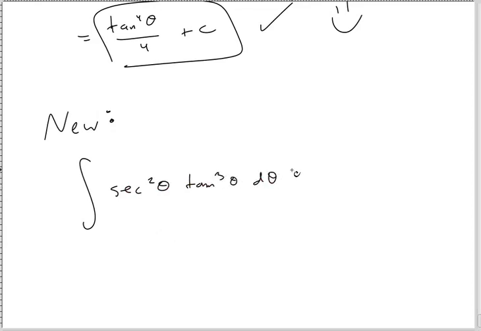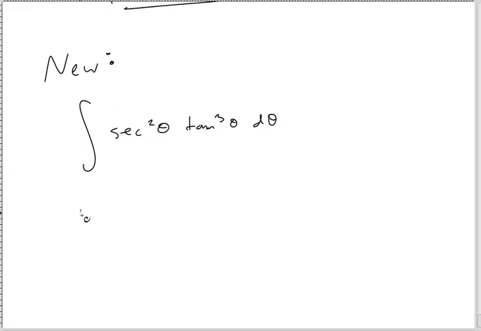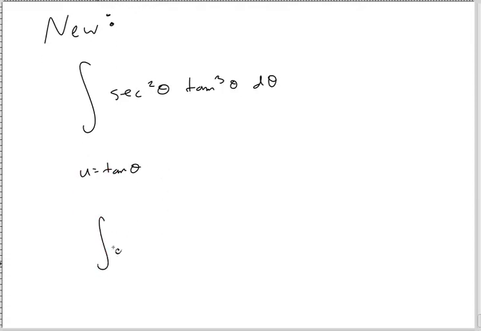So what if, instead of going through all that long road, I had done u equals tangent at the very beginning? Like, did the other side. What if I had done that? Let me skip a few steps here. The secant squared is tangent squared plus 1. And then this tangent here is going to be our friend in just a second.